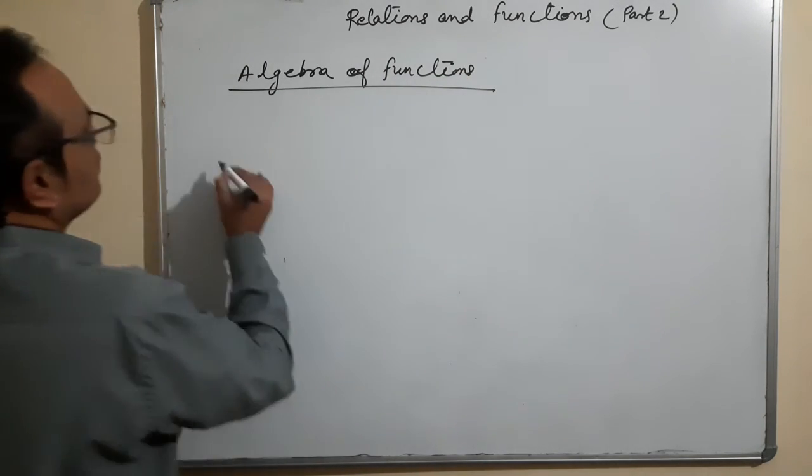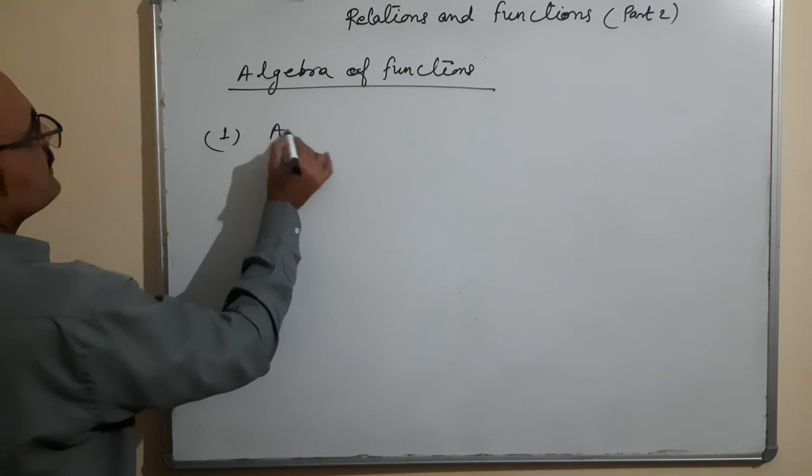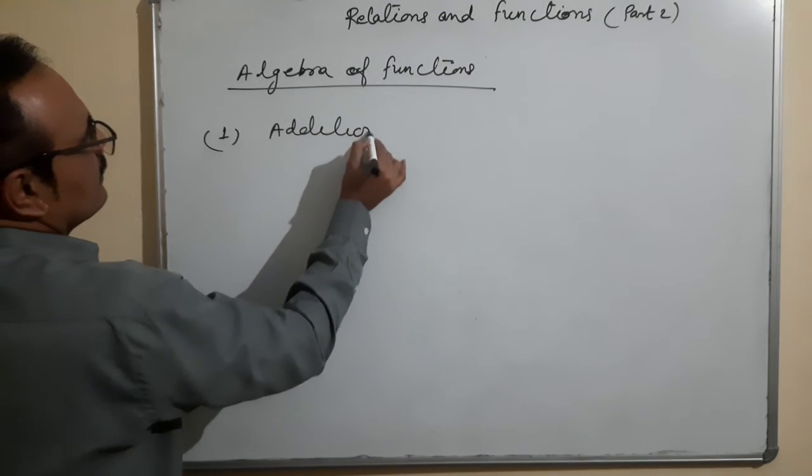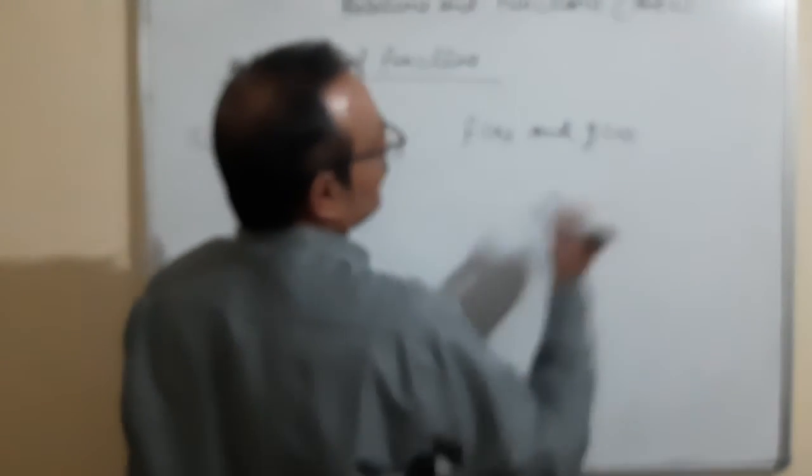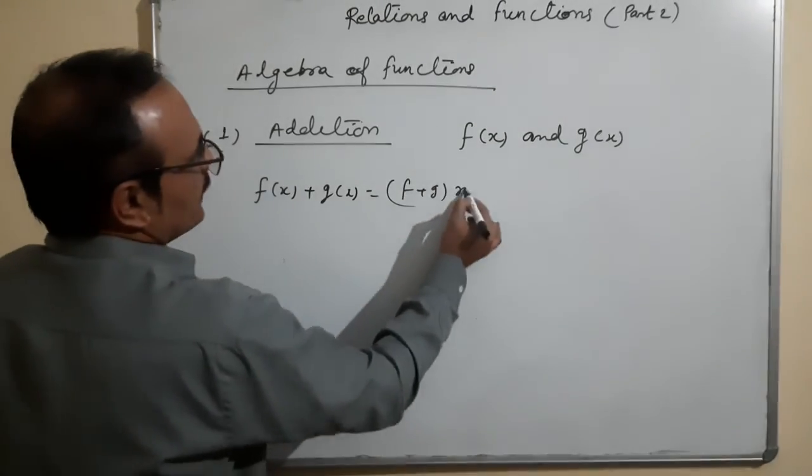First let us take addition. Addition of two functions. Like one function is f of x and the second function is g of x. Okay. There are two functions. So what is their addition? Their addition is the same as, we can write here, f of x plus g of x is equal to f plus g of x.